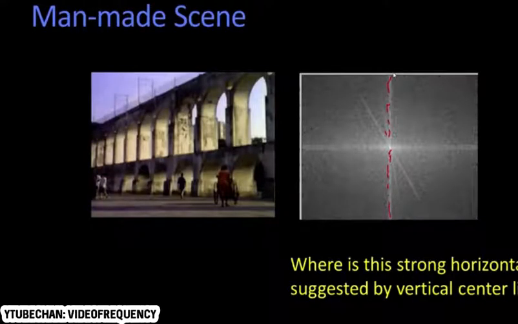So the question is, where is the strong horizontal edge that's suggested by that vertical line? Remember, a vertical line is all of these frequencies, which means that it's got a horizontal sharp edge. And the answer is a little tricky. Basically, if you think about how the sinusoid goes in the image, it's essentially as if it assumes the image just kept wrapping around.